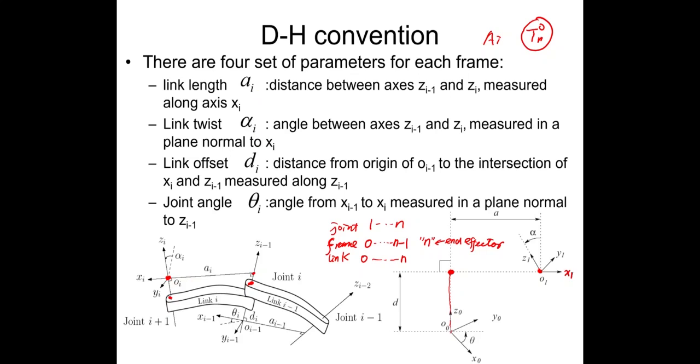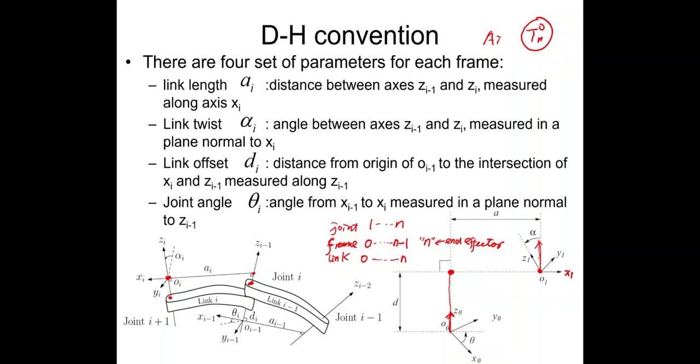The second parameter, alpha i, means the angle rotating from zi minus 1 to zi, okay? So if this is my z0, and we move it in parallel to this position, my z0 is pointing here, and I move it to here so that I can find out the angle between z0 and z1, okay?